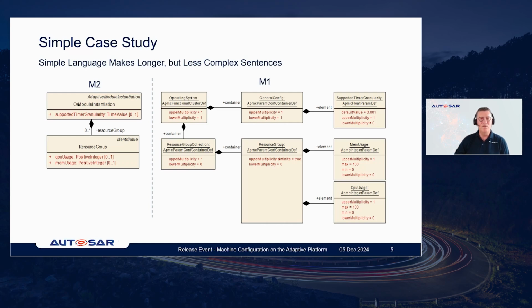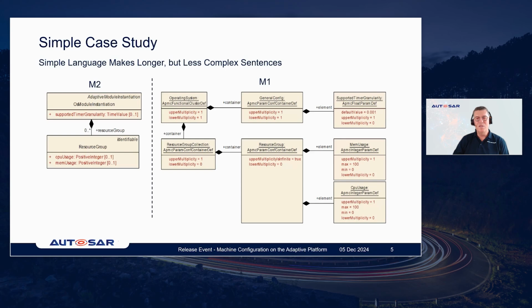The relations between the blocks are just that a container can have a container, or a container can aggregate elements. That's basically it. And each of those elements can have an arbitrary multiplicity. Here we have one example where the multiplicity is 1. Here is an example for 0 to 1. And here is an example for 0 to star.